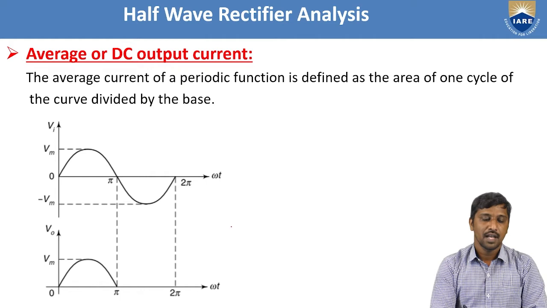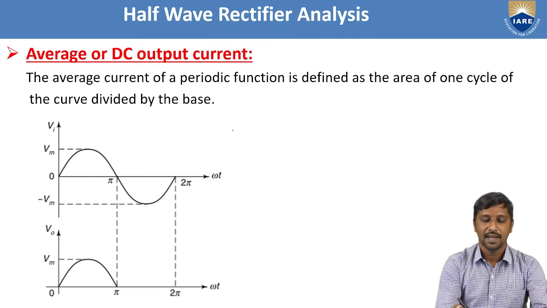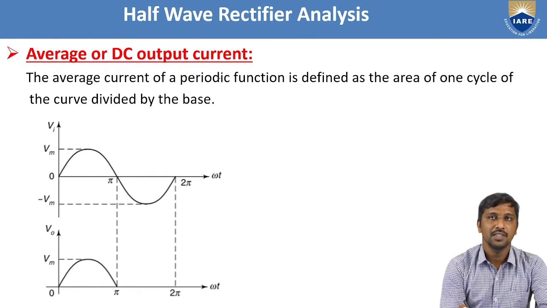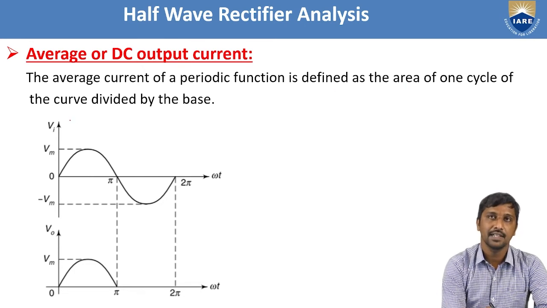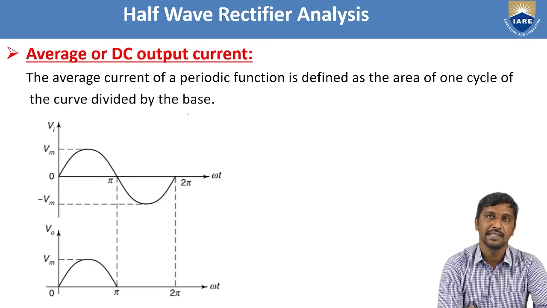First I am going to observe the average or DC output current: how much DC current is flowing across the load resistance of the given half-wave rectifier circuit. This average or DC current is defined as the area of one cycle of the given curve divided by the base.